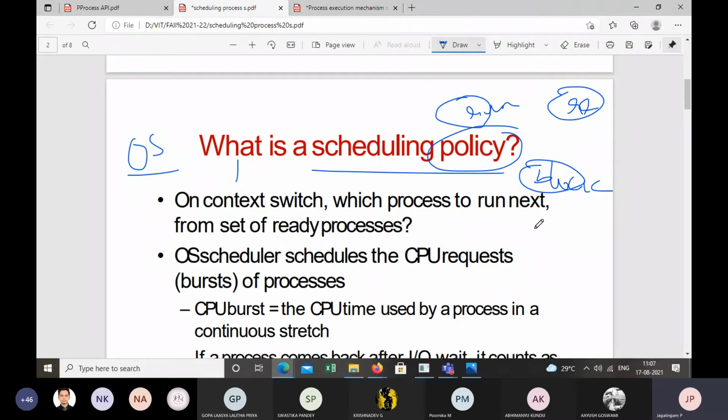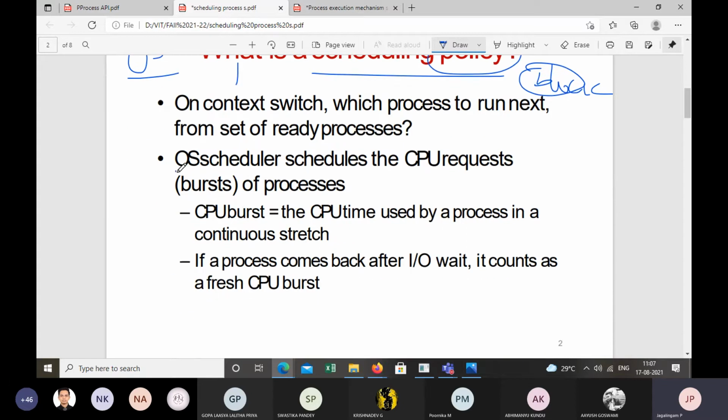Now, in the operating system scheduler, we have something called CPU bursts. What do you mean by that? The time required by the process to complete in a continuous stretch.